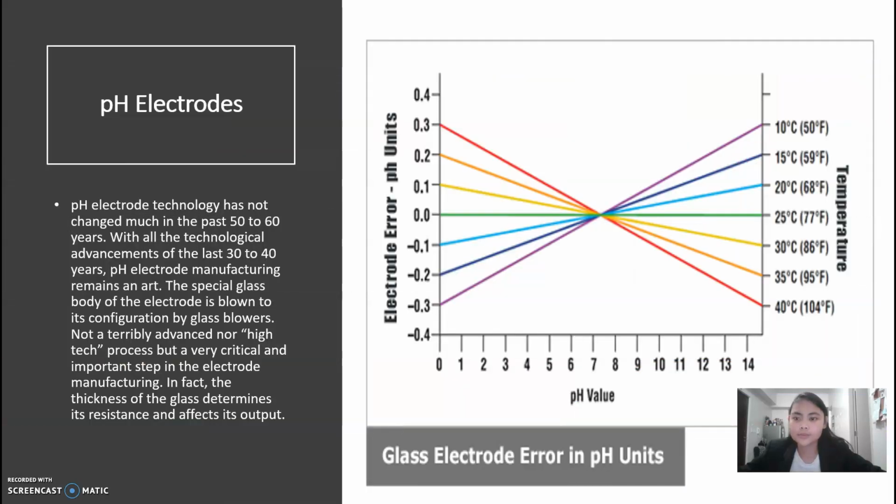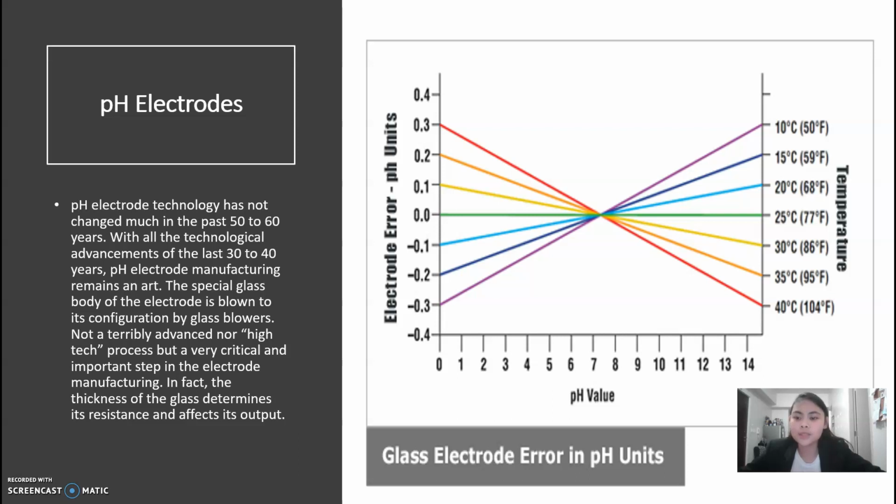pH electrodes. pH electrode technology has not changed much in the past 50 to 60 years. With all the technological advancements of the last 30 to 40 years, pH electrode manufacturing remains an art. The special glass body of the electrode is blown to its configuration by glass blowers.